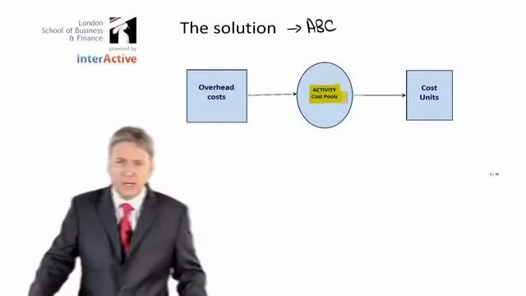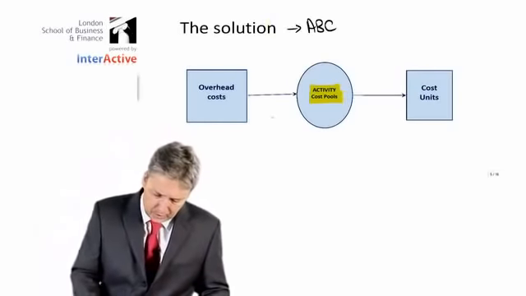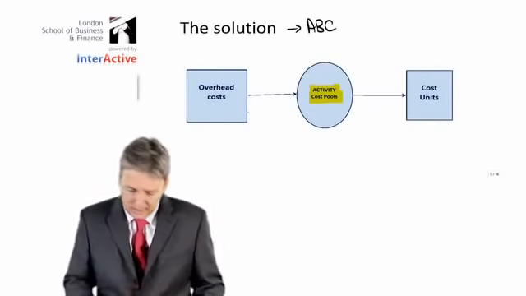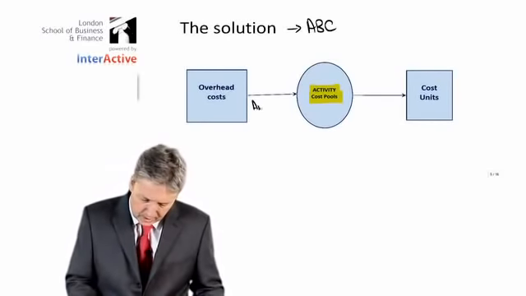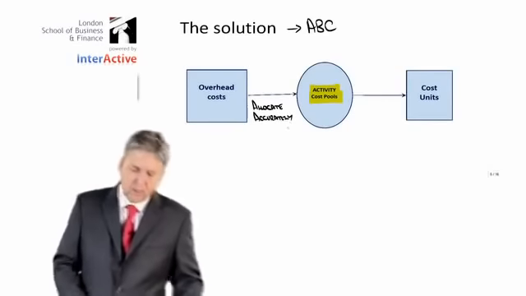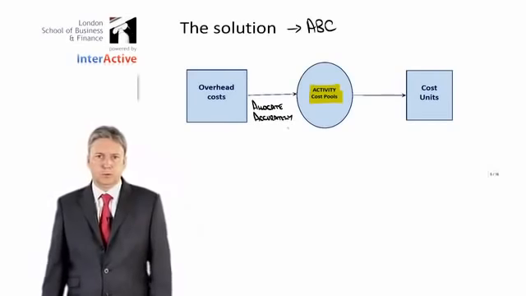Now, of course, you could debate whether that's going to happen or not, but we're not going to do that. We are going to swallow it hook, line and sinker and simply say that that allows us to allocate accurately the cost to the cost pools.